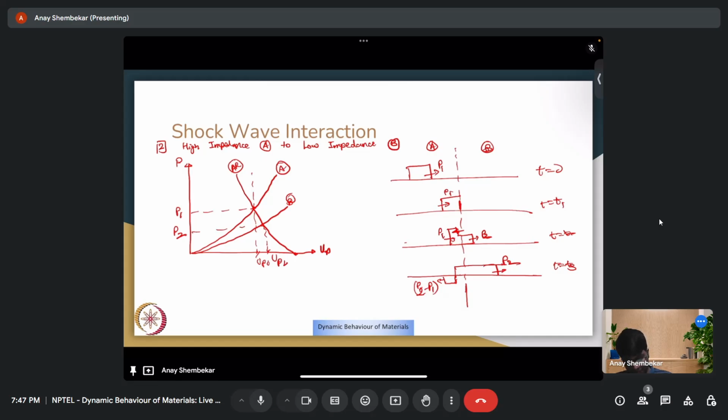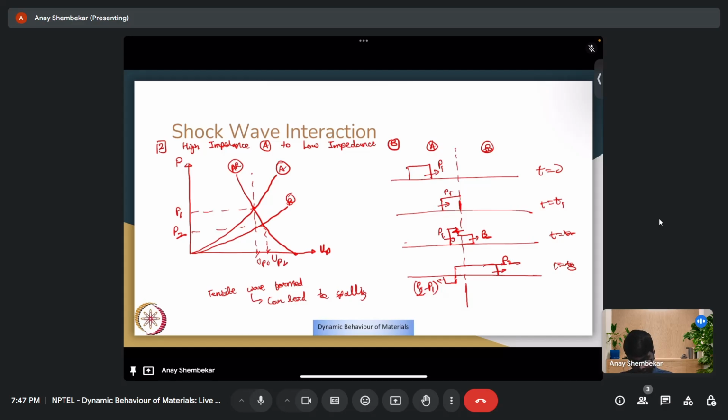So you have a tensile wave formed, which can lead to spalling. So if the pressure differential is sufficiently high, it can lead to spalling.